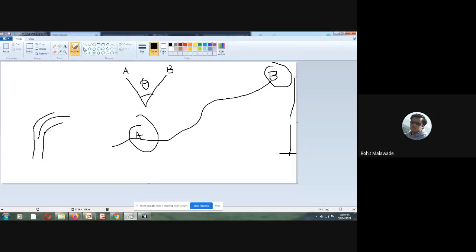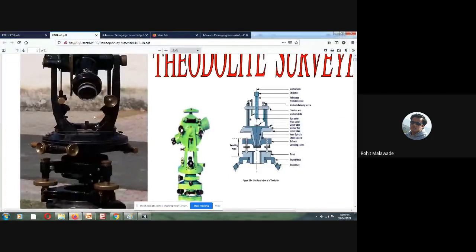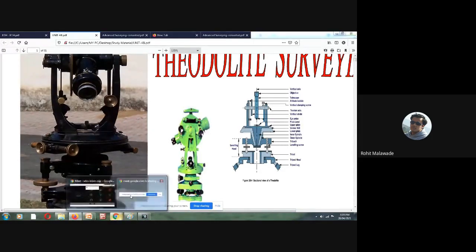I will be using this horizontal plate. On this particular horizontal plate we are going to get the horizontal angle. I will show here how we are going to see it.